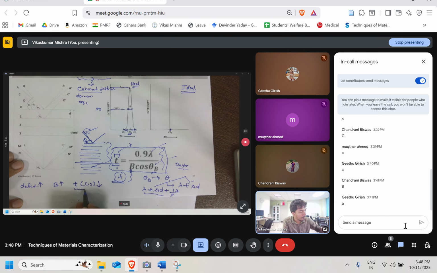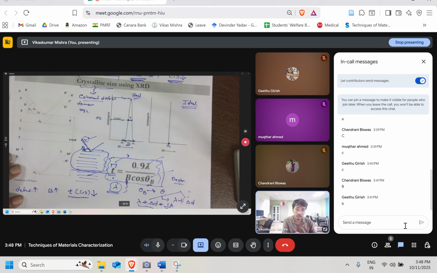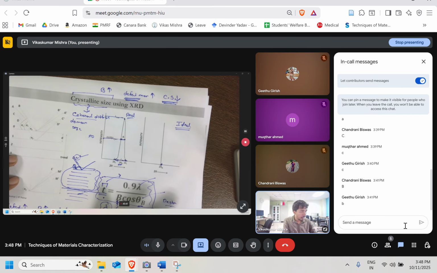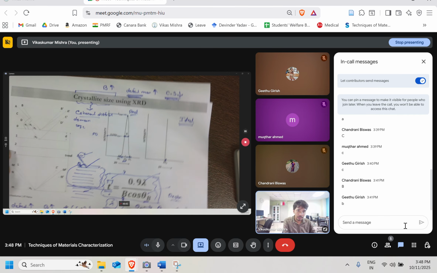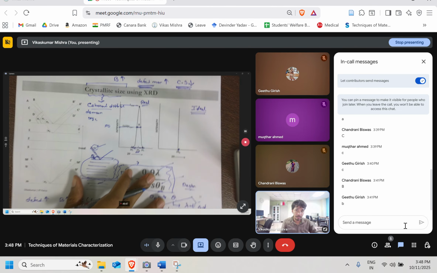This is the size of the domain which gives the coherent scattering. For example, only this much is the part giving coherent scattering. So this was the entire thing that we needed to discuss right now. If there is any doubt in this, please let me know.